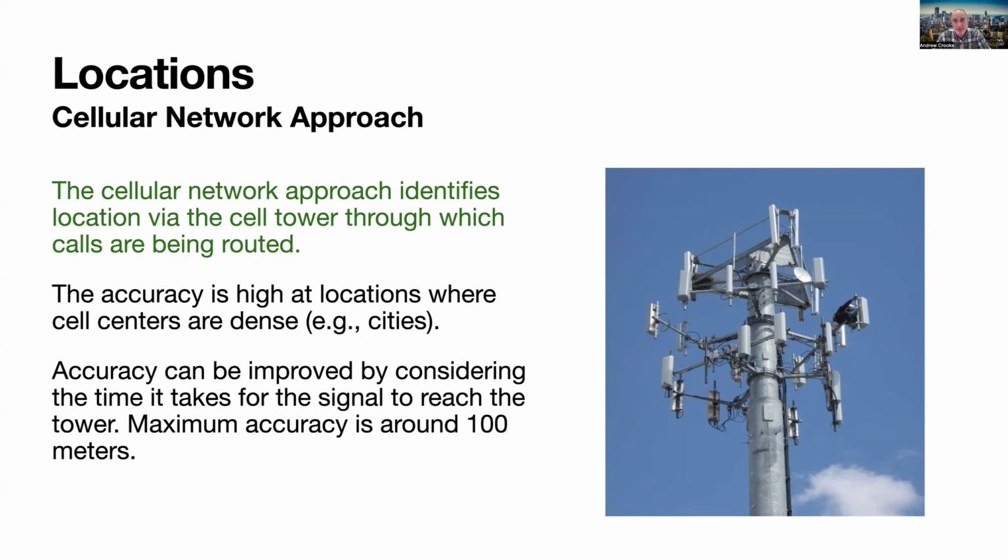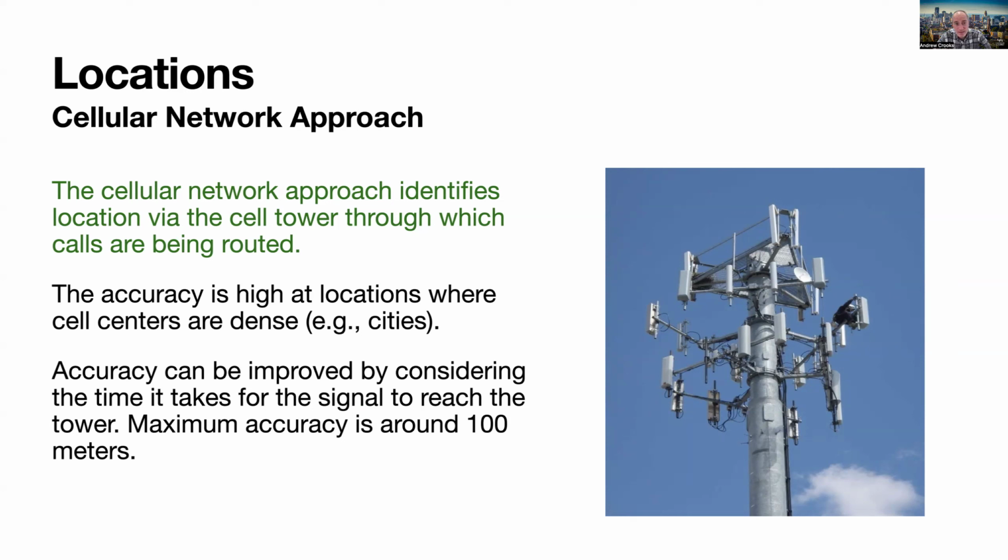But how accurate this triangulation is depends on how close the cell phone towers are together. If cell phone towers are close together, you have smaller triangulations, therefore higher accuracy. But in larger, more rural areas, cell phone towers will be more spread out. So therefore, the overlap between different cell phone towers will be larger.